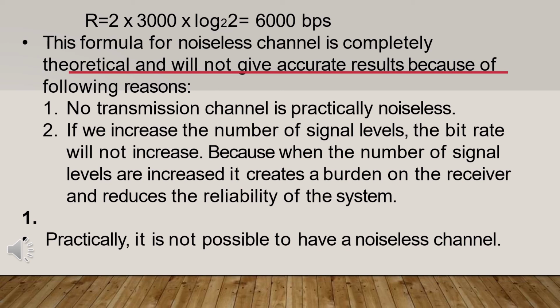No transmission channel is practically noiseless. If we increase the number of signal levels, the bit rate will not necessarily increase, because when the number of signal levels is increased, it creates a burden on the receiver and reduces the reliability of the system. So practically it is not possible to have a noiseless channel.